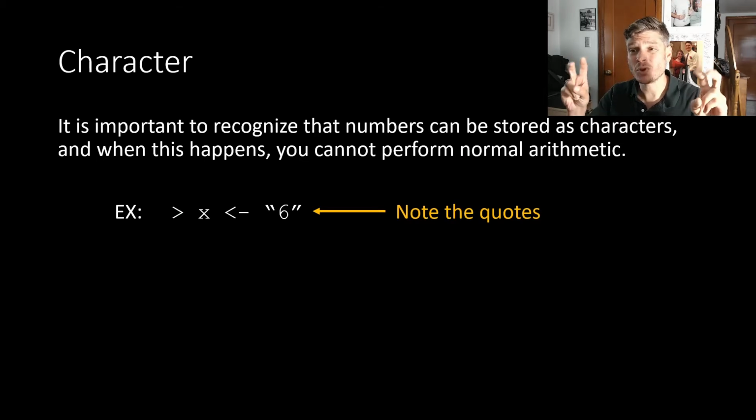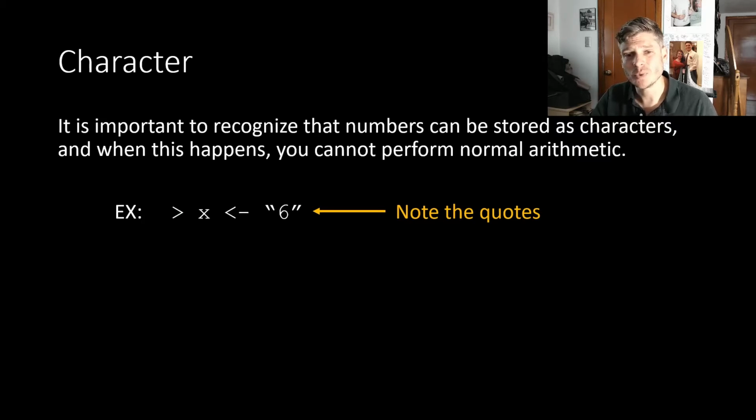Now, if I put the quotes around 6, it's going to store 6 as a character, which means it's not storing the numerical idea of the quantity 6, it's just storing, almost when I think about it, like the picture of the number 6. It doesn't have any numerical meaning, it's just a random character that shows up on your keyboard. That's all it's going to interpret this as. And that's because, well, there's quotes around it. And anytime we use quotes, it's automatically going to store it as a character, even if it seems like a number.